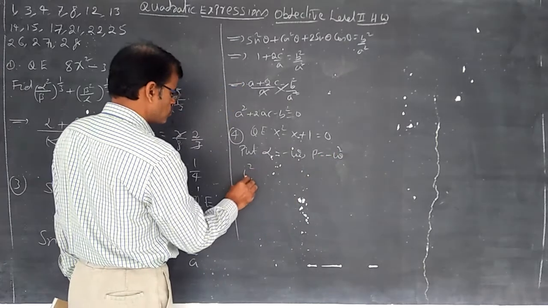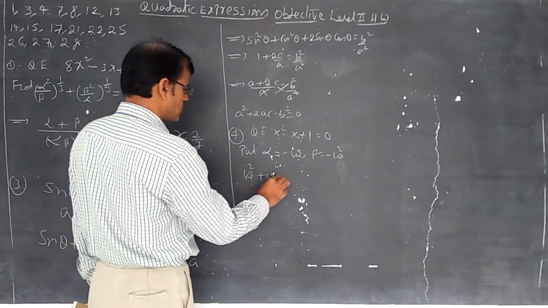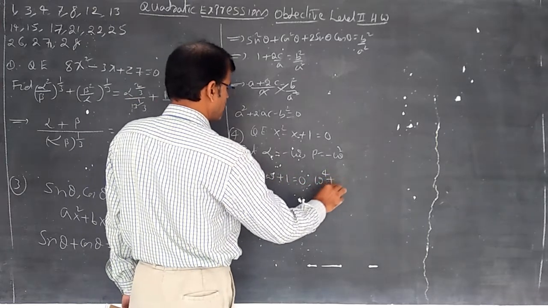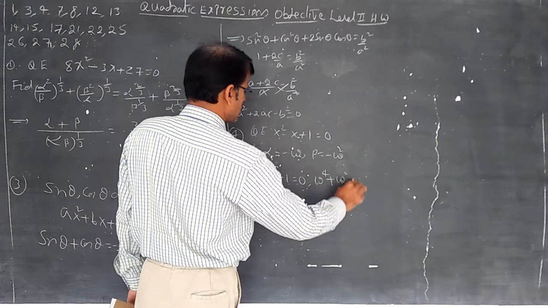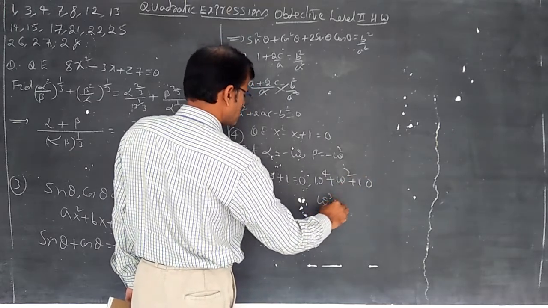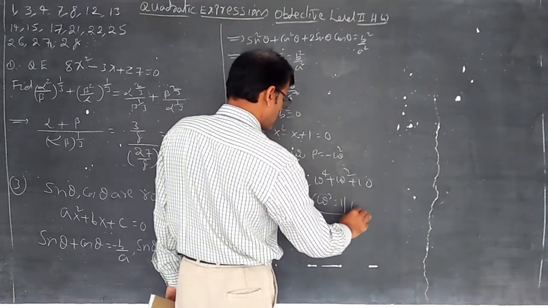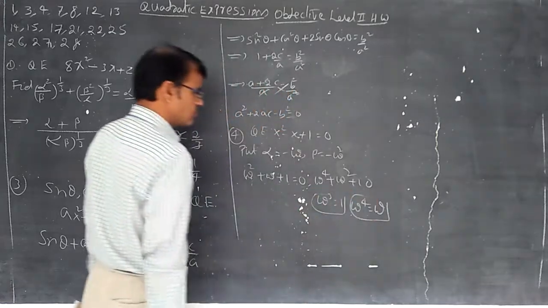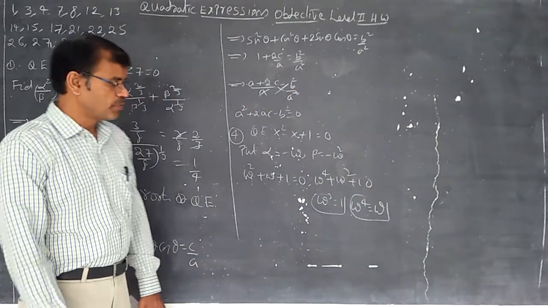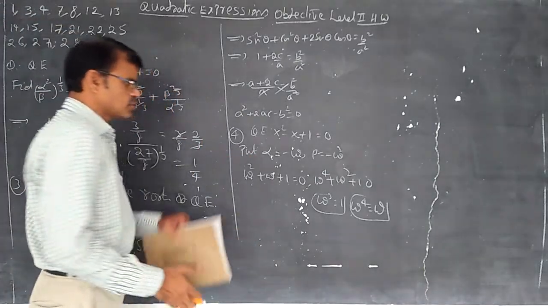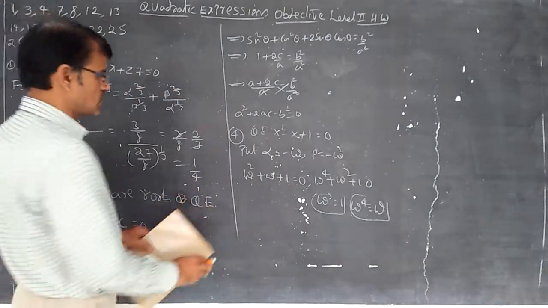Then it becomes omega square plus omega plus 1 equal to 0, and omega power 4 plus omega square plus 1 equal to 0. Since omega cube is equal to 1, omega power 4 becomes omega, so it becomes omega plus omega square plus 1. So alpha equal to minus omega and beta equal to minus omega square satisfy.